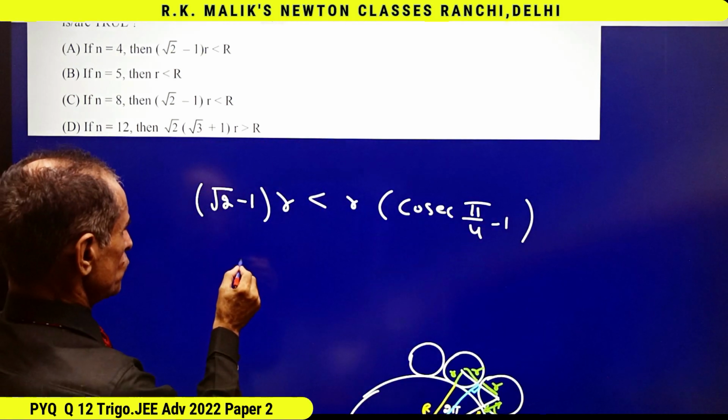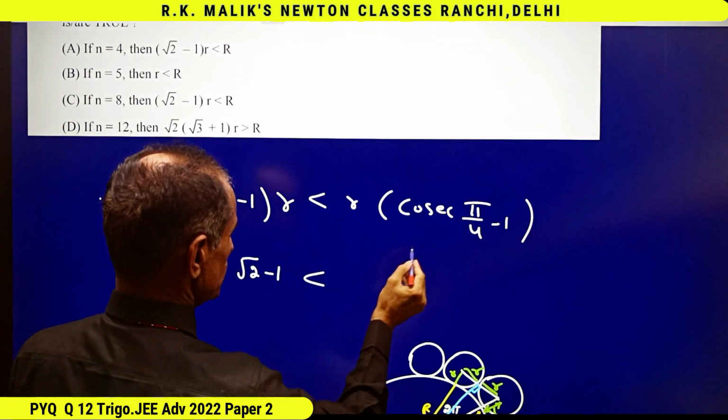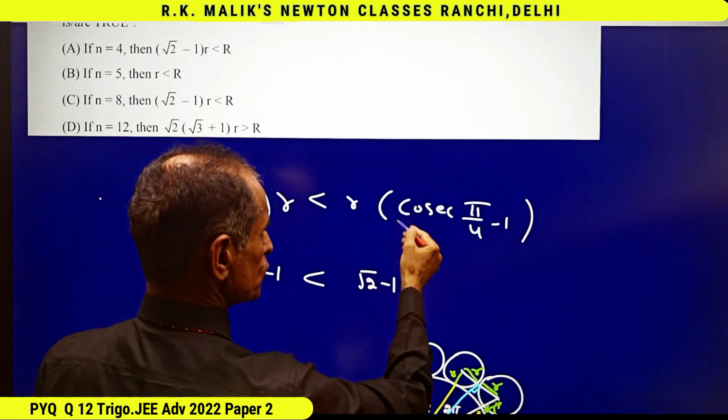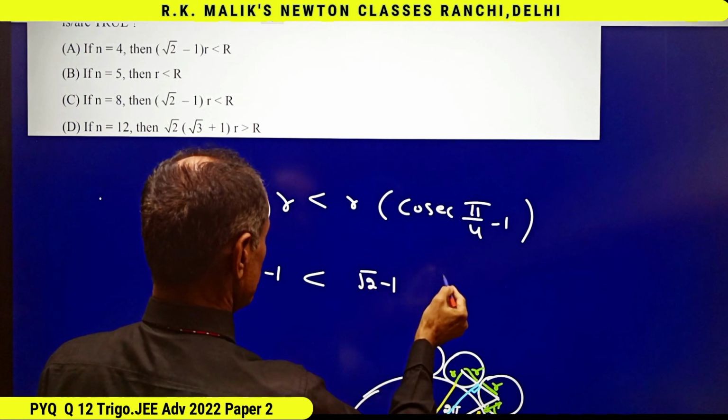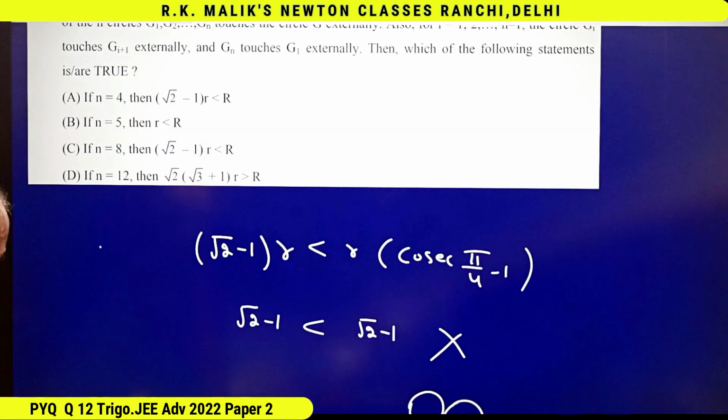That is, if root 2 minus 1 is less than root 2 minus 1, because cosecant pi by 4 is root 2. But this is wrong. Therefore, choice A becomes wrong.